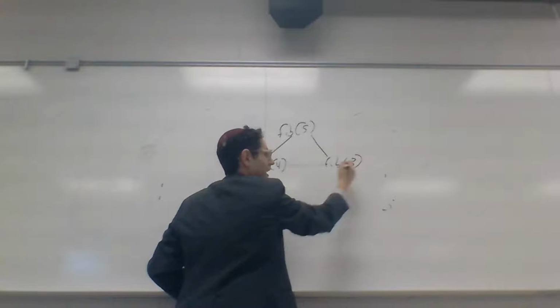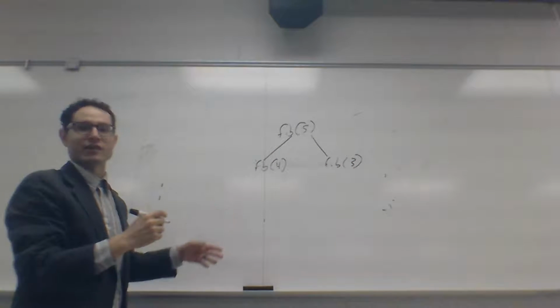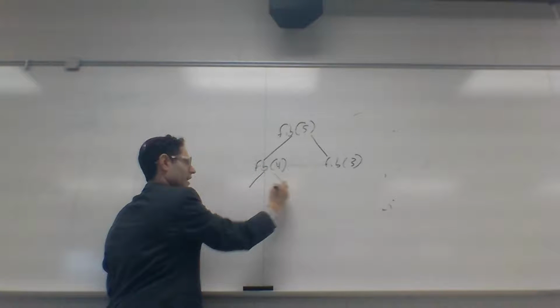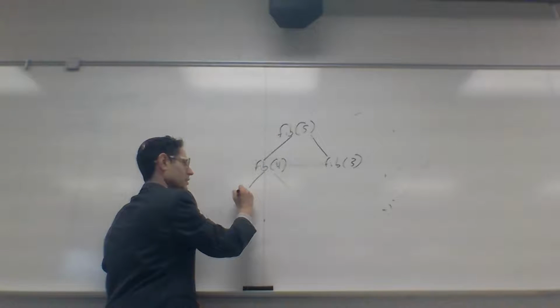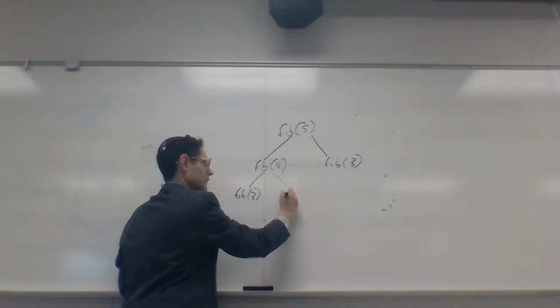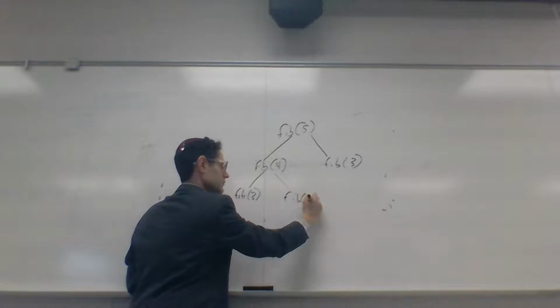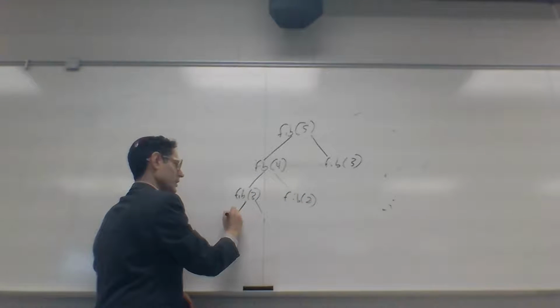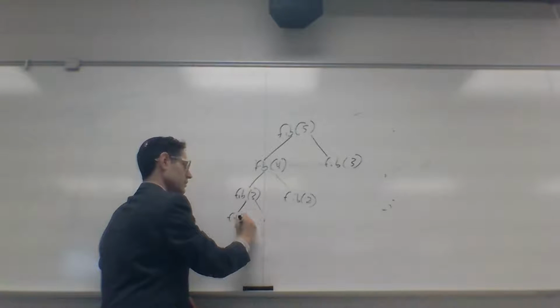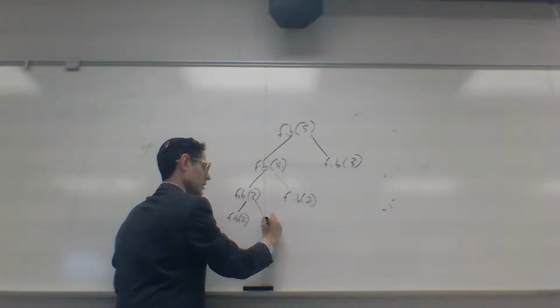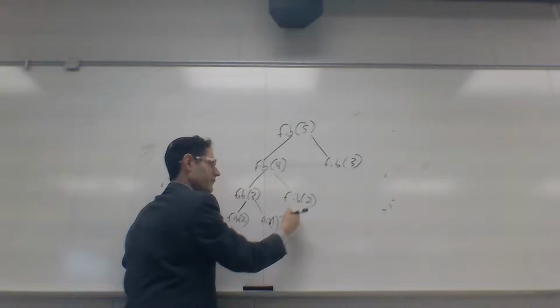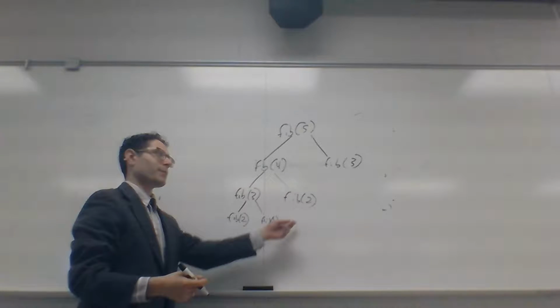Okay? So notice instead of one line, we've got 2 branches here. Now, fib of 4 requires us to calculate fib of 3 and fib of 2. And fib of 3 requires us to calculate fib of 2 and fib of 1, right? And fib of 2, that's a base case. These are all base cases at that point.